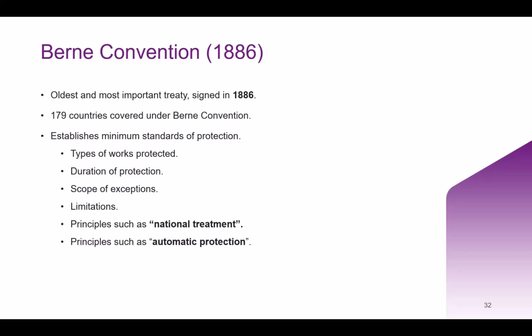One of those principles is national treatment, which means that all countries must give foreign works the same protection they give to works created within their borders, assuming the other country is a signatory. Most countries are signatories, I think, apart from just a few. Besides this, the minimum standards also include the type of work protected, duration, limitations, exceptions, and so on.